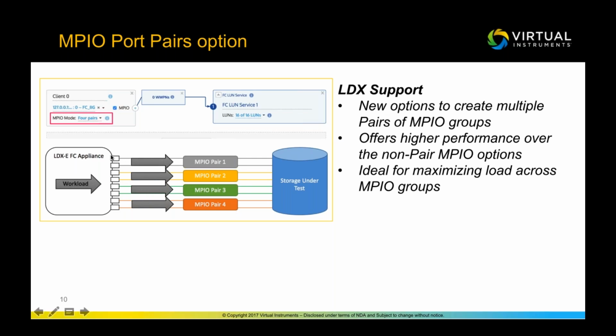In this new approach, because the 8 ports are divided into 4 pairs, you essentially have 4 failover groups. So if the first link in MPIO pair 2 breaks, then the second link from MPIO pair 2 is the only backup link for failover testing.